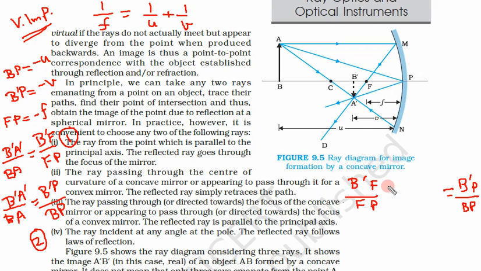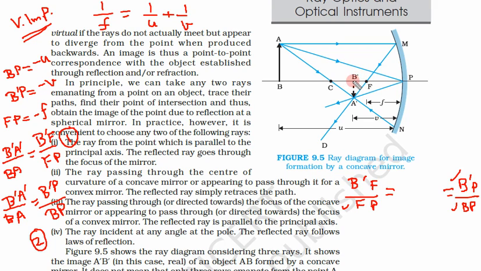So this we have put, but there is only one simple problem. FP we know is minus f, B'P we know is minus v, BP we know is minus u, but B'F we don't know.